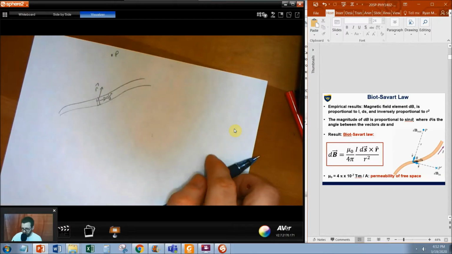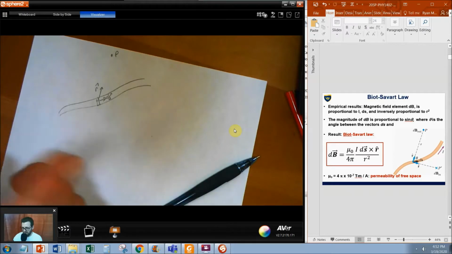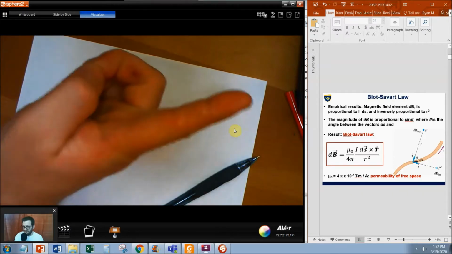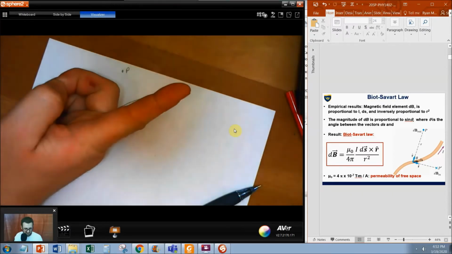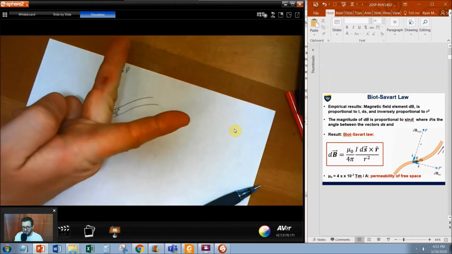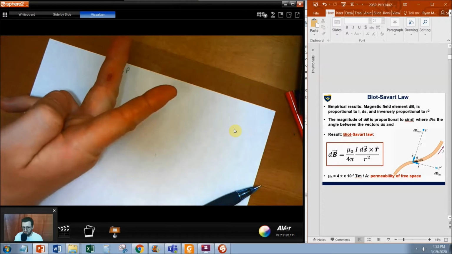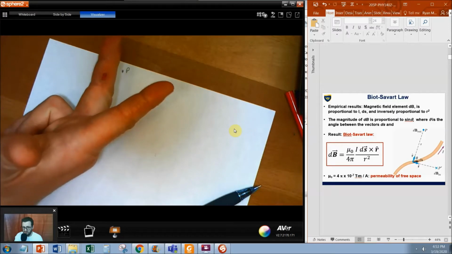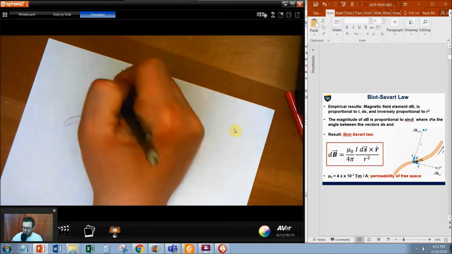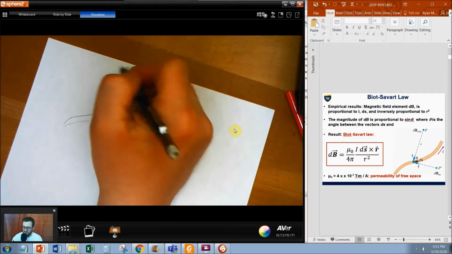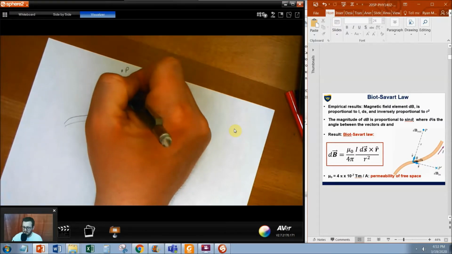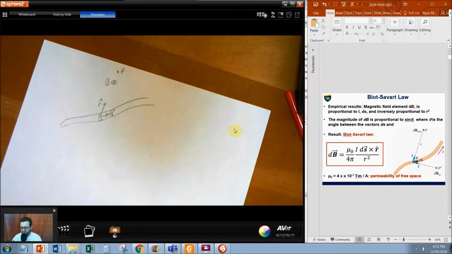So Biot-Savart's law says that we have to take the cross product of ds, which points in this direction at this moment, and our second finger points in the direction of r hat, which is just the direction of observation, our thumb points in the direction of the magnetic field. So over here, the magnetic field points out of the page.